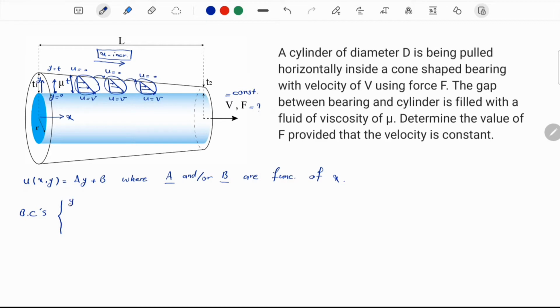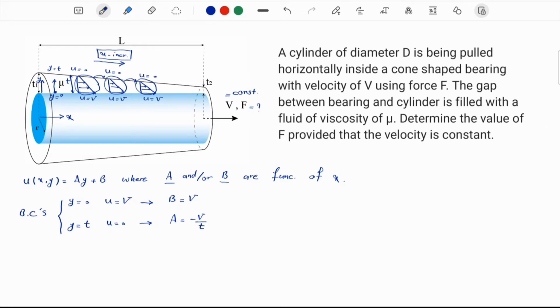At y equals 0, u equals capital V, and at y equals t, the local t in every section, u equals 0. The first boundary condition gives us b equals capital V, and the second gives us a equals minus V over t. t is the gap or thickness of the fluid film.